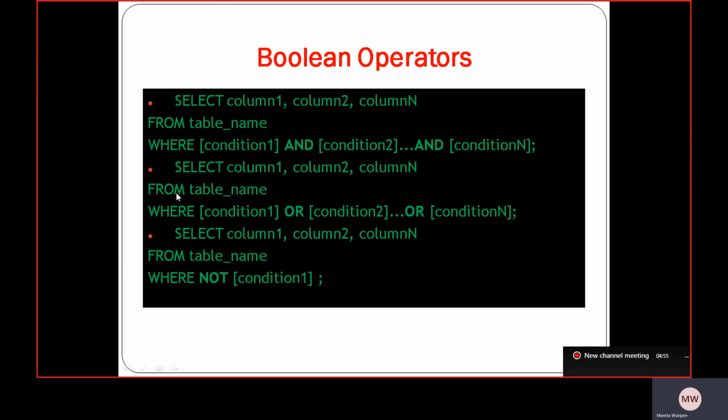Otherwise, you can also write SELECT column 1, column 2, column n FROM table name WHERE condition OR a second condition, or any number of conditions you may write. And one more is SELECT column 1, column 2 up to column n FROM table name WHERE NOT condition.